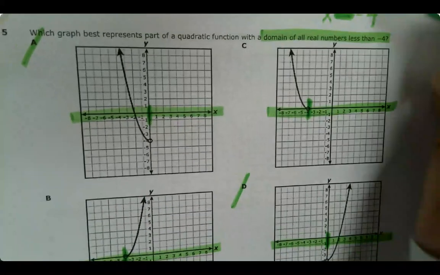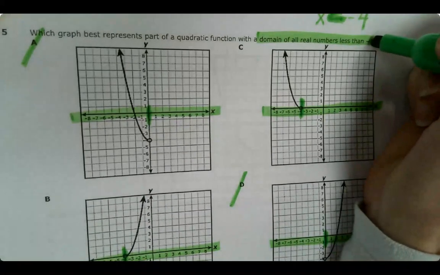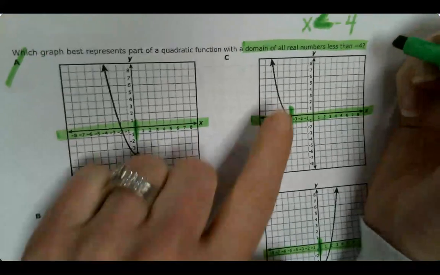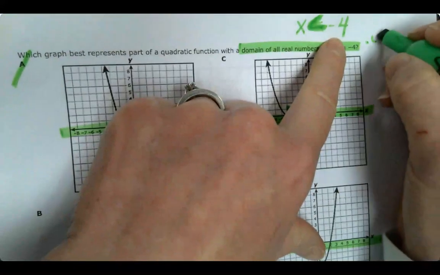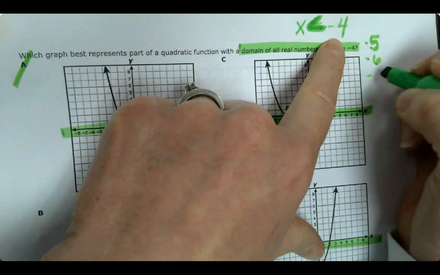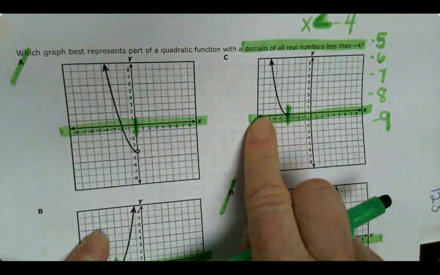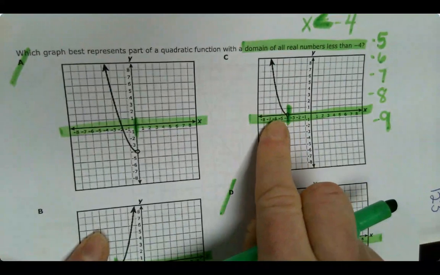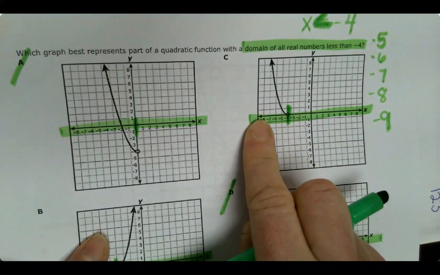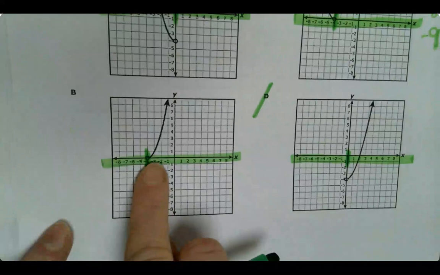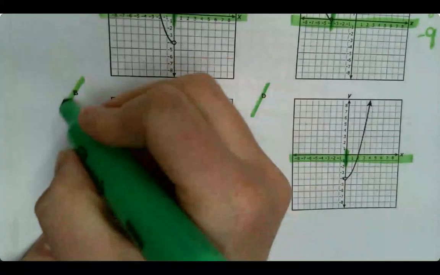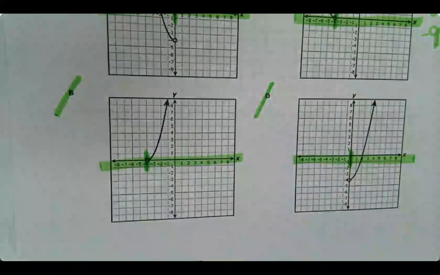If it says less than -4, what numbers are less than -4? -5, -6. So look at your values. Is it going to get smaller on the x-axis, or is it going to get greater?